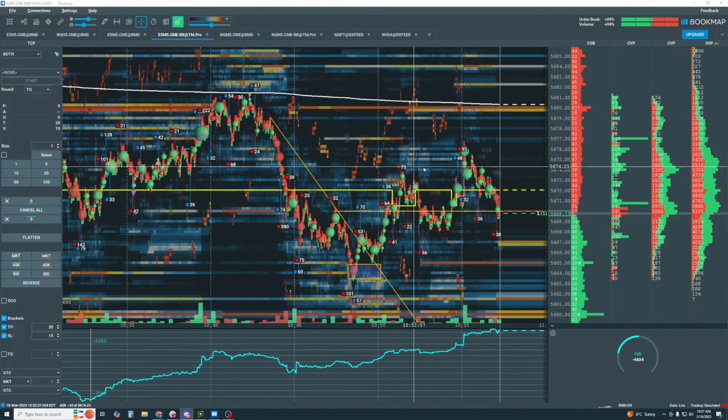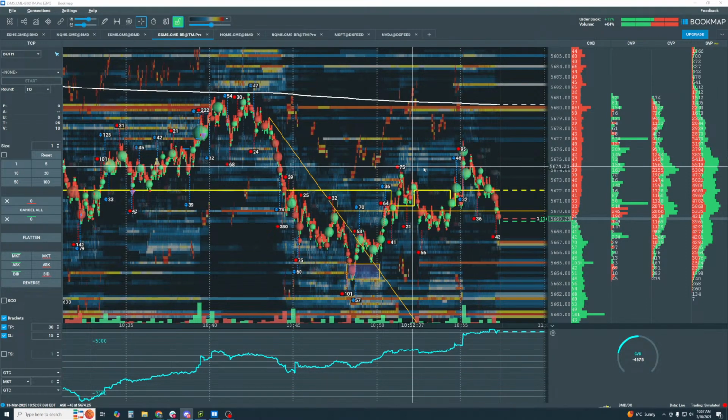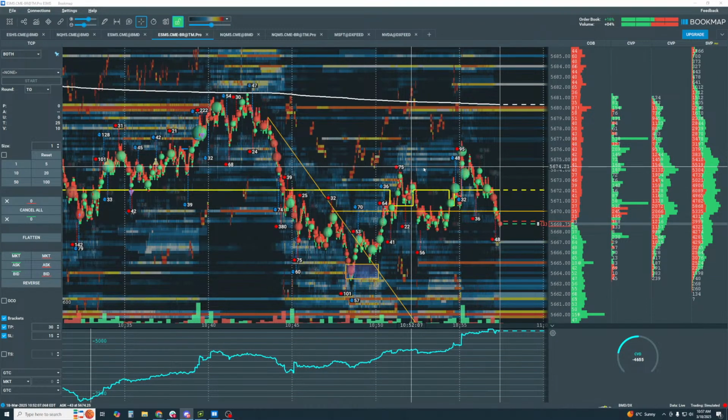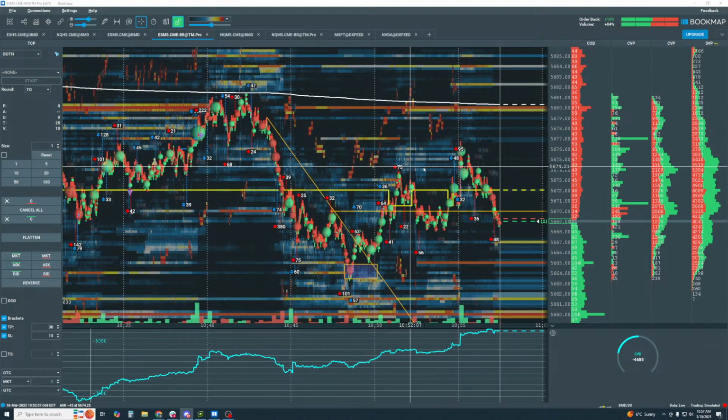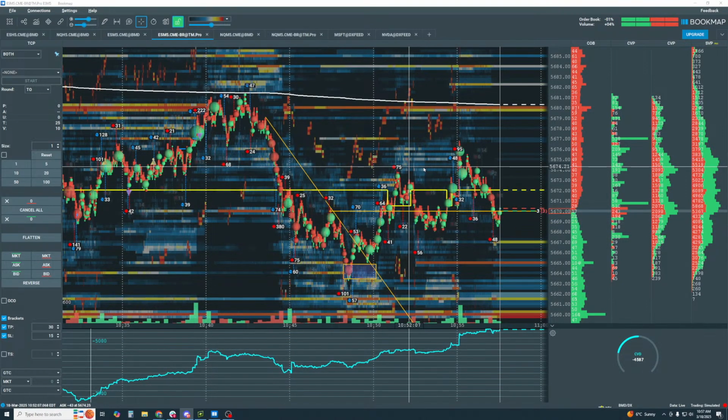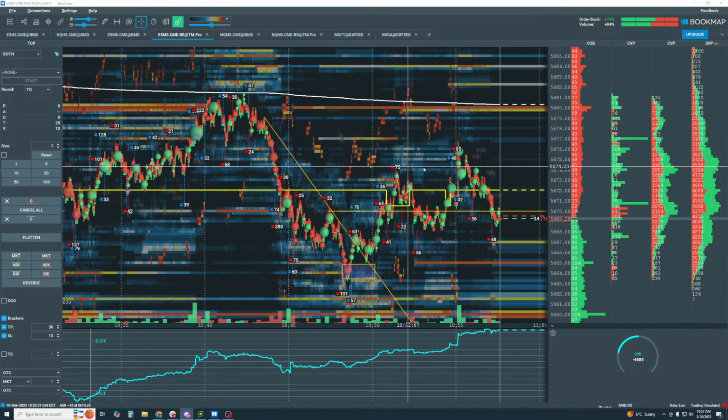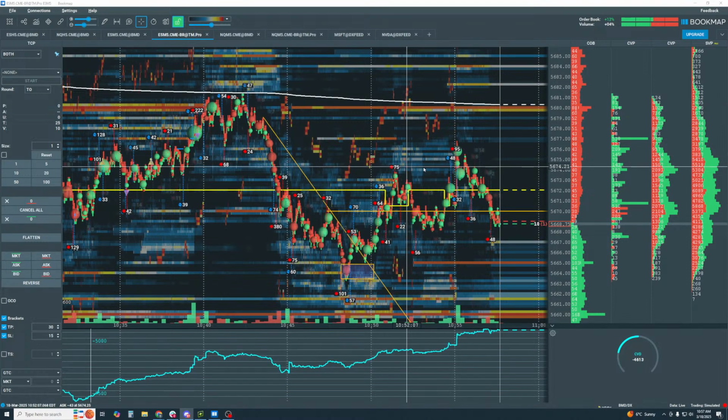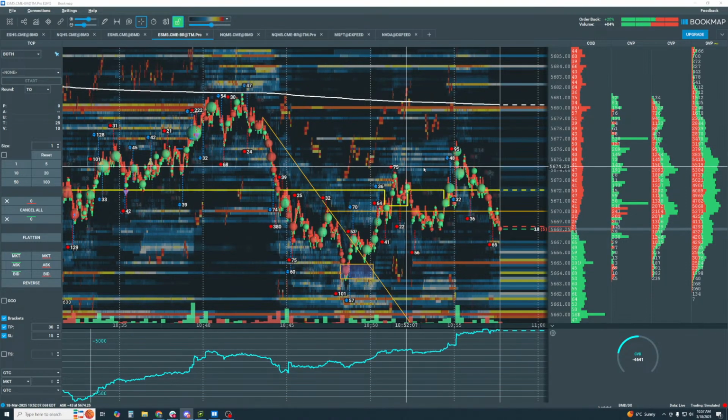This is what we're looking for, these are our expectations, and just hit a single. Take a quick scalp, look for it to move a certain amount, and then get out and reassess. Look for the next one. Instead of looking for something bigger and then holding it, regardless of the time frame of the setup.